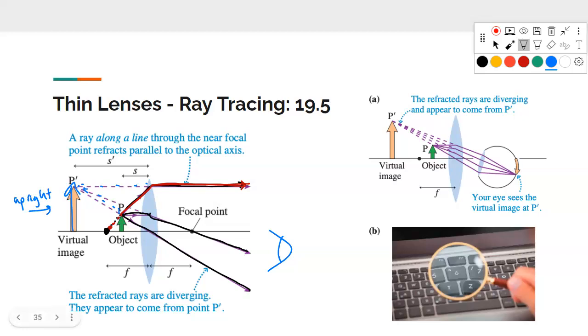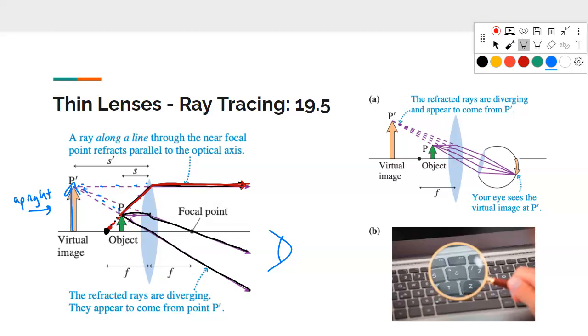And so this is what happens when we use a magnifying glass. We have to put the object we're interested in close up to the magnifying glass, within its focal length. And what happens is the light coming from that object, or that's diffusely reflecting from that object, diverges. So even though this is a converging lens, we put it close enough that it's within the focal length that causes the light to diverge.